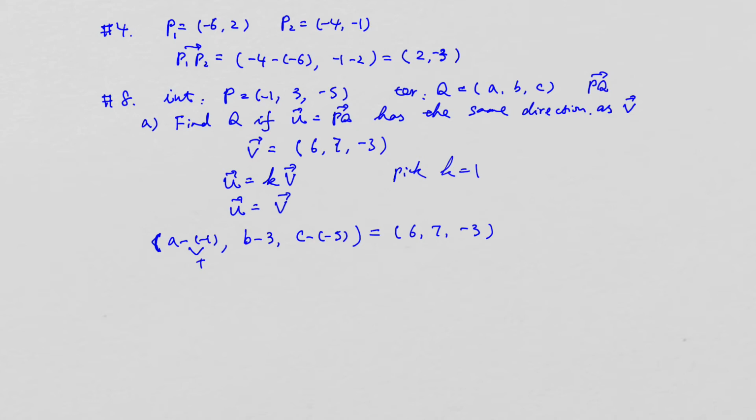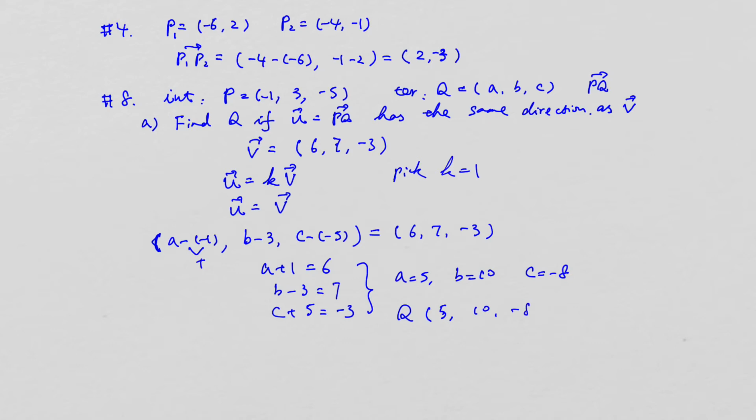A plus 1 is equal to 6, B minus 3 is equal to 7, and C plus 5 equals -3. Solving this, we get A equal to 5, B equal to 10, and C equal to -8. So Q is the point 5, 10, -8. That's how to do number 8.